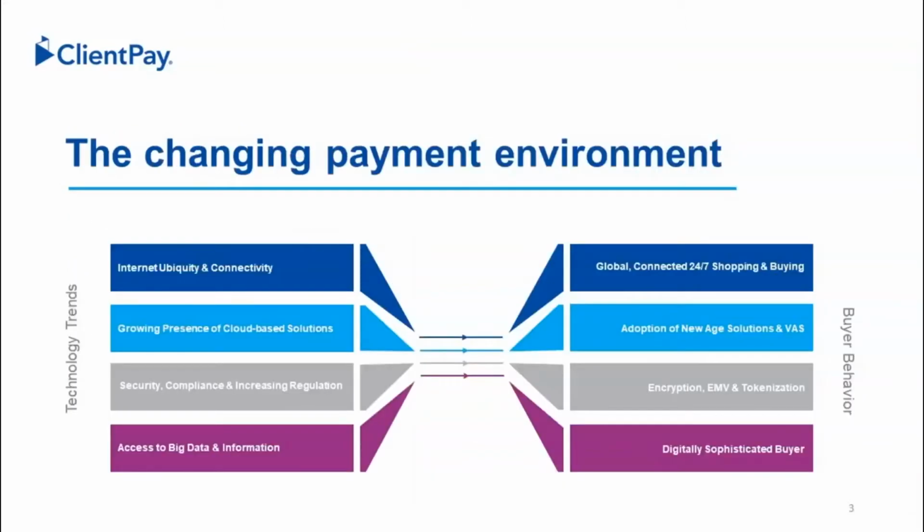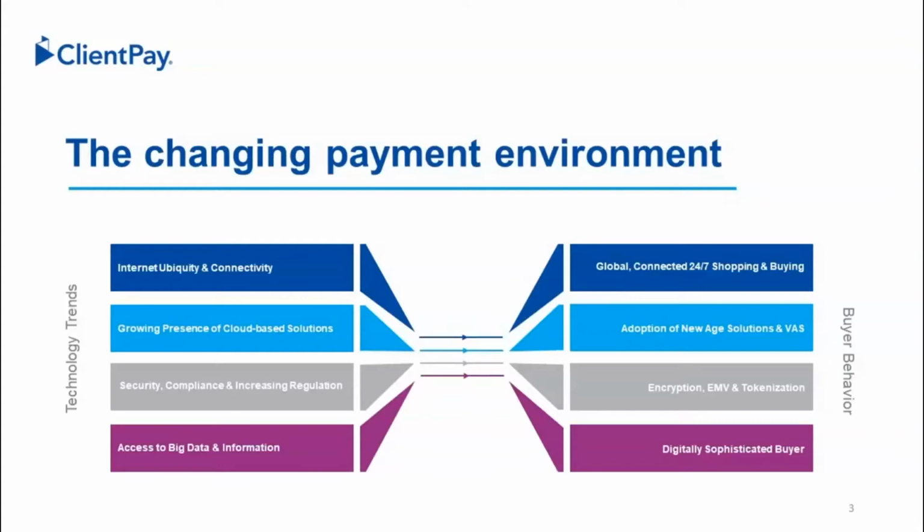So today's payments landscape has certainly changed, very recently, as a matter of fact. The last 20 to 30 years has been a tremendous amount of change. Evolving technology has created new ways for people to access goods, buy goods, and pay for services.